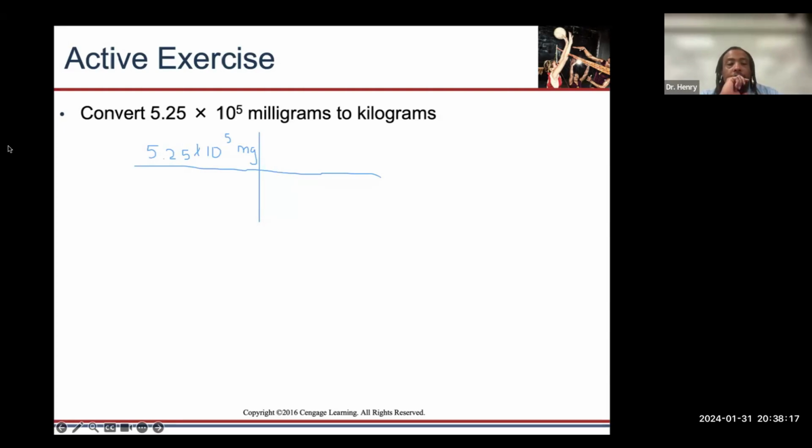So we know that for every 1 gram, that's going to be equal to 1,000 milligrams. And then we know for every 1,000 grams, that's going to be equal to 1 kilogram.